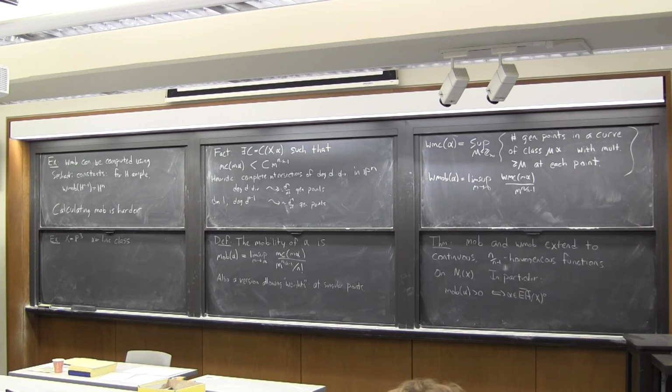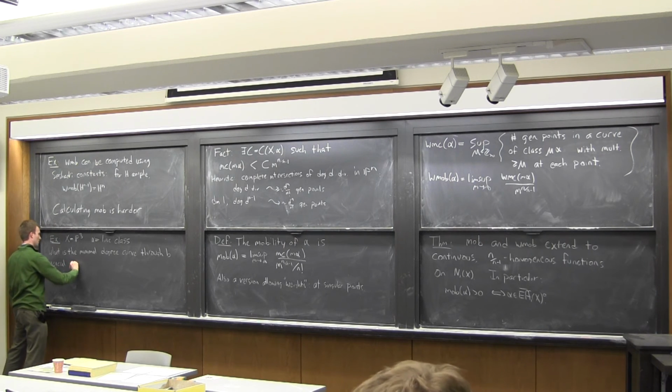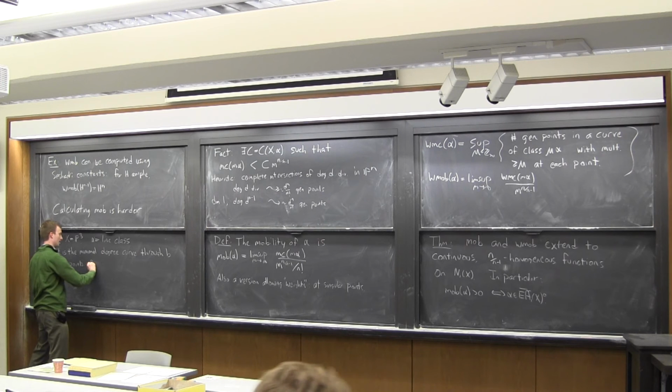If you work through the definitions we wrote on the board, essentially what this is asking is, what is the minimal degree of a curve through B general points of P3?